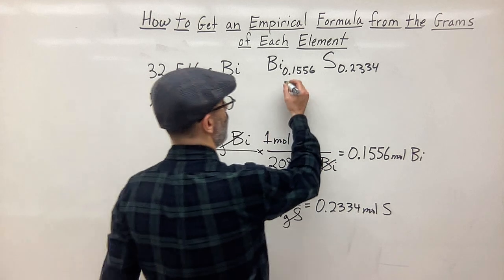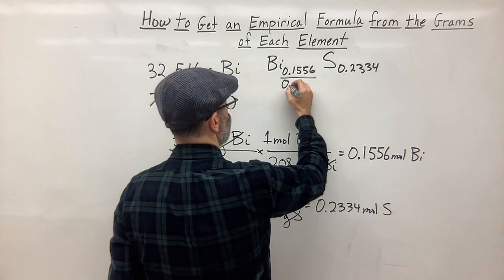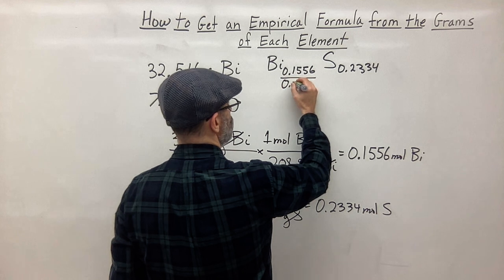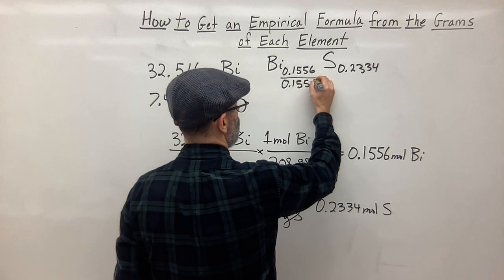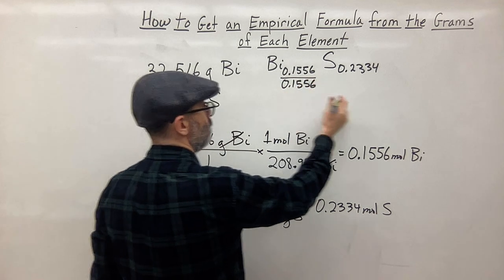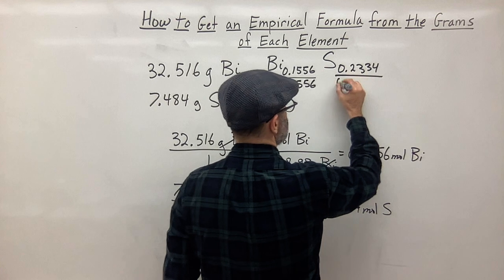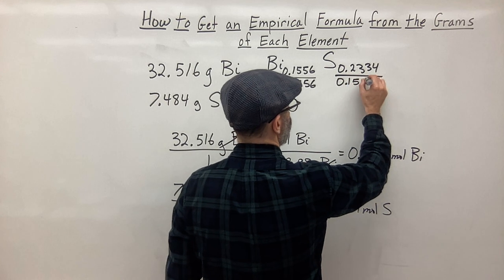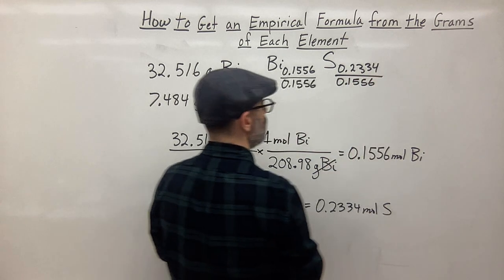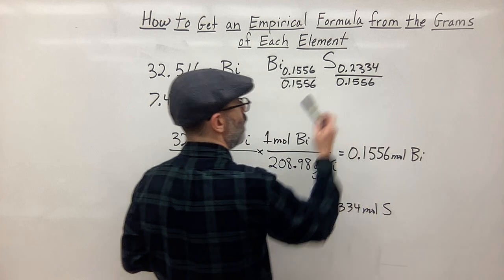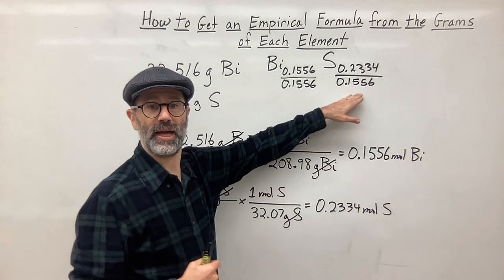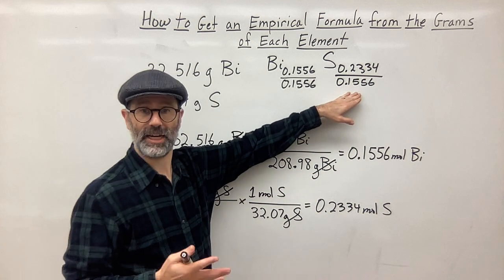So I'm going to divide by 0.1556. I'm going to divide that by itself, since that's the smallest one, and then I'm going to divide the other by 0.1556 too. The hope is that I'll get a whole number here, but if I don't, then I'll have to multiply by some factor to get rid of it.